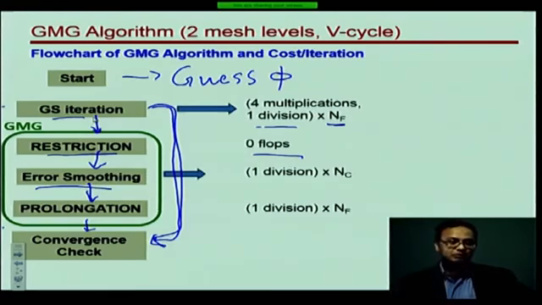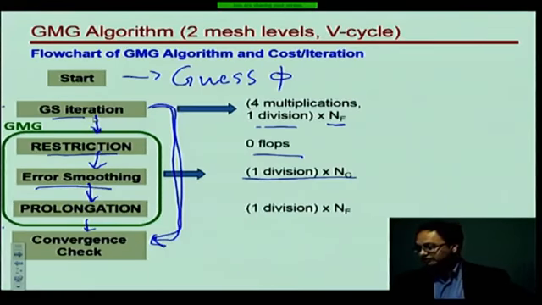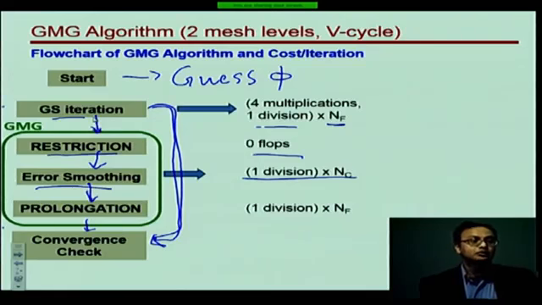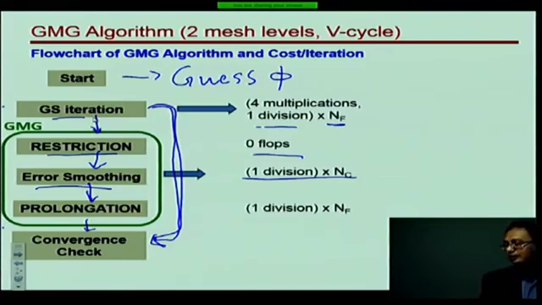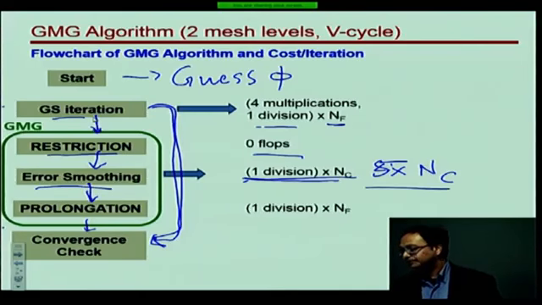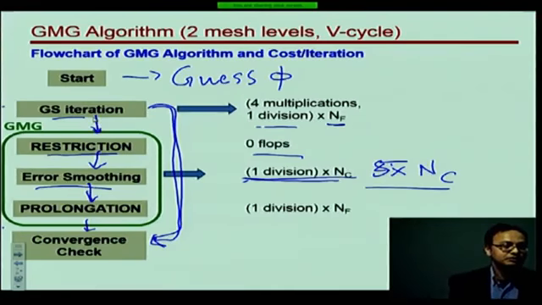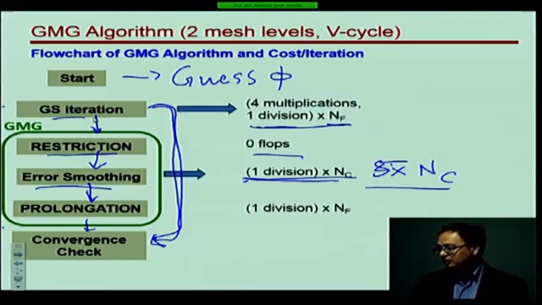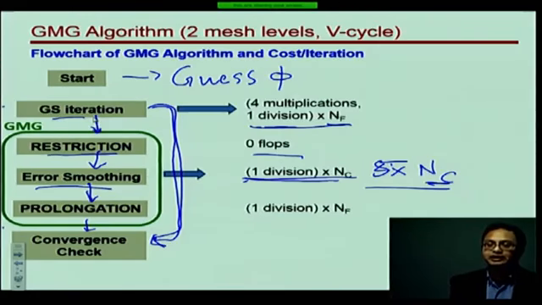If you're doing multiple sweeps, the first iteration will be one division times NC, and then 4 multiplications, so 5 times NC, in subsequent sweeps. You still do 4 multiplications and 1 division, same as here, but NC number of times, not NF number of times. Remember, NC is 1/4 of NF. It's a considerably small number.